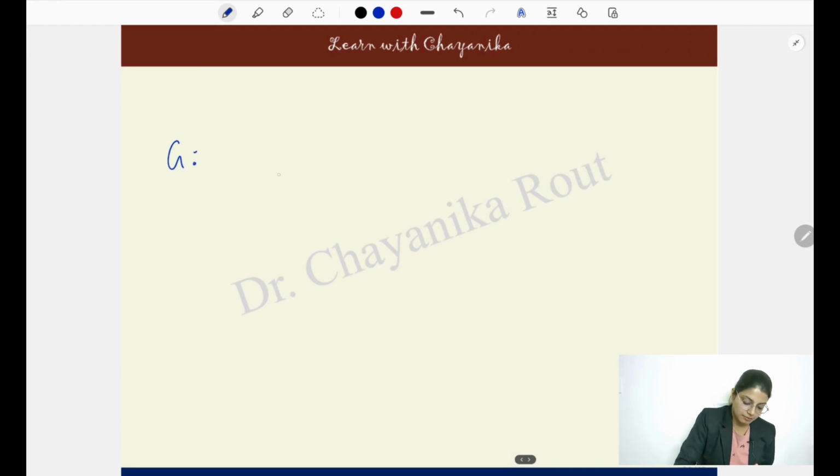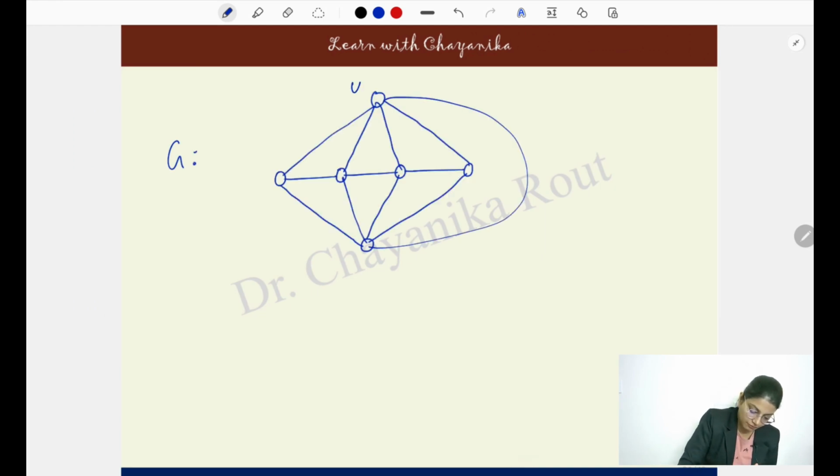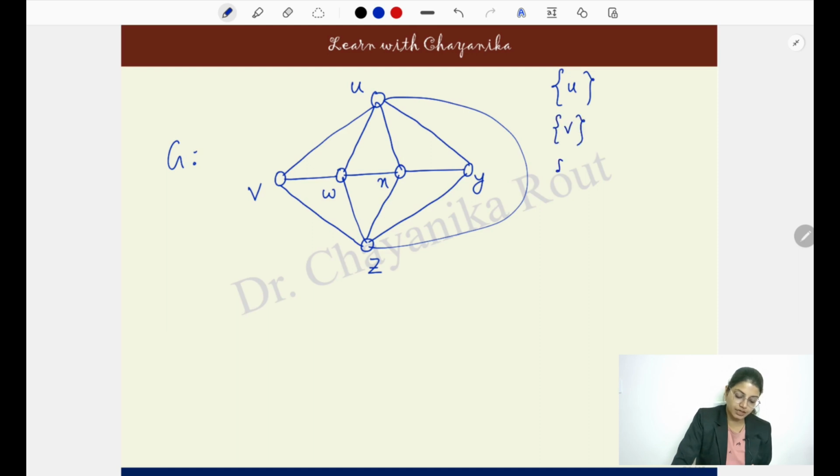Let's see another example. That was the graph we discussed right now, U, V, W, X, Y, Z. The independent sets are U, V, W, X, Y, Z. Then we have VX, VY and WY.